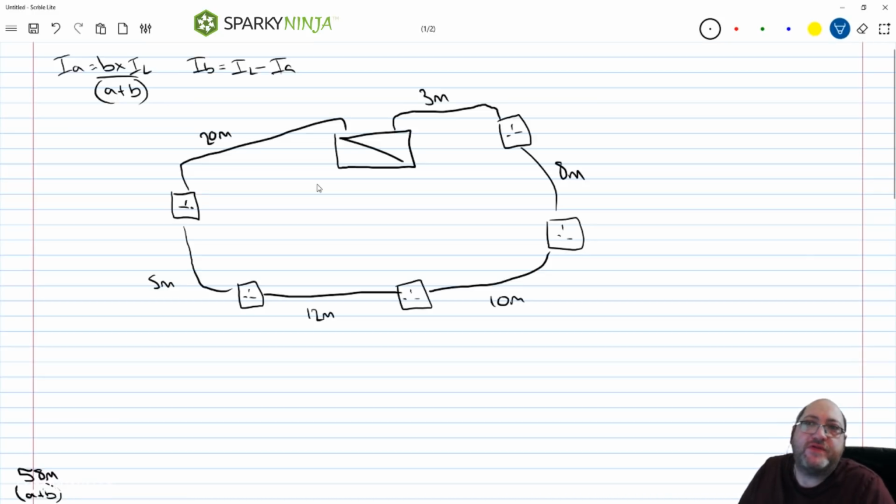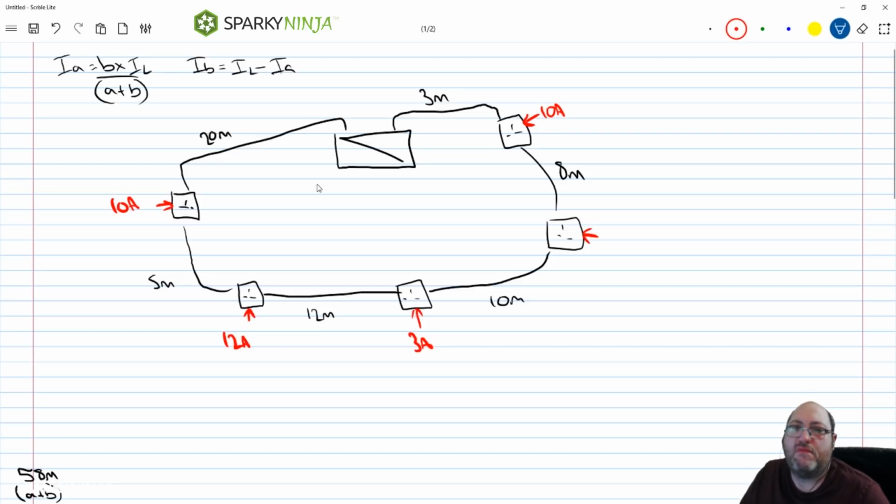I need some loads. Let's put some loads in. We'll put them in red. We'll go with 10 amp. Let's go higher here, 12 amp. We'll go smaller here, 3 amp. 10 amp up here. And 8.